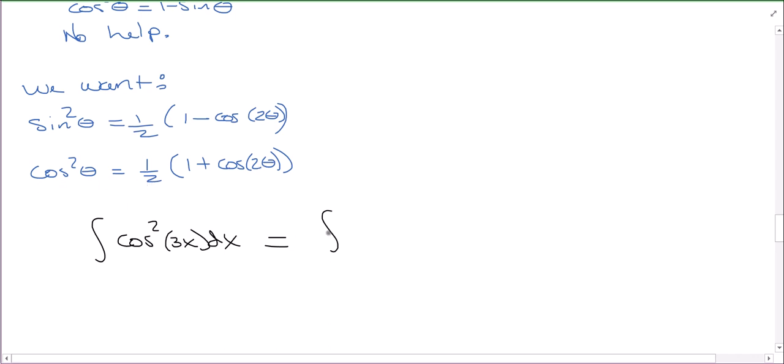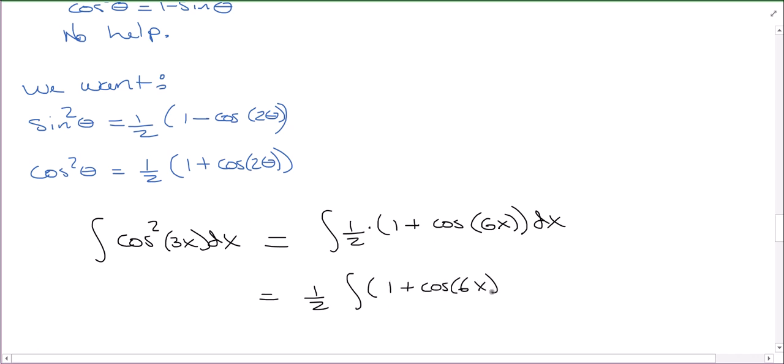So right now we have 3x, so I'm going to have 1/2, 1 plus cosine of double the angle. So double 3x will be 6x dx. And now I don't have that square problem. The 1/2 is a constant that is being multiplied, so we can pull it outside of the integral. So I'm really just integrating 1 plus cosine 6x dx.